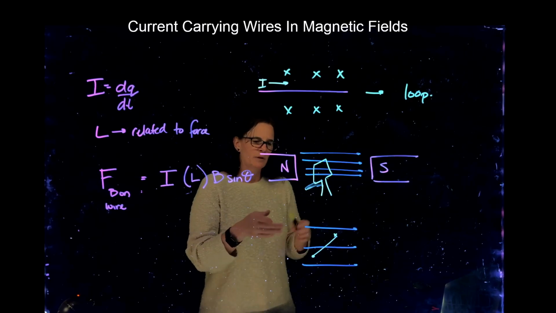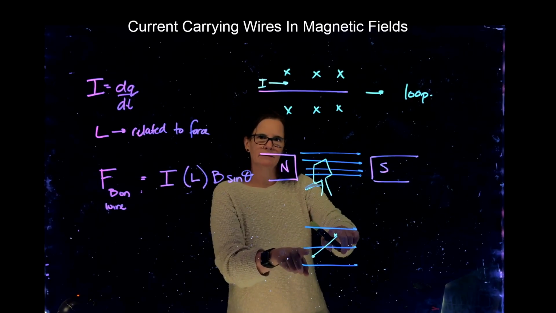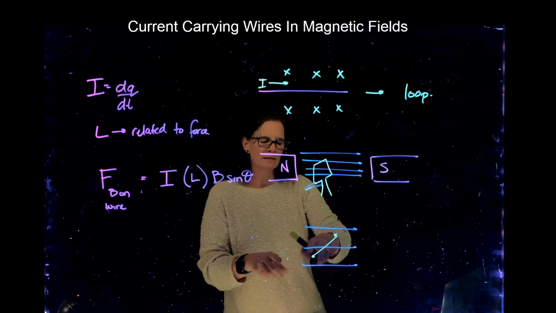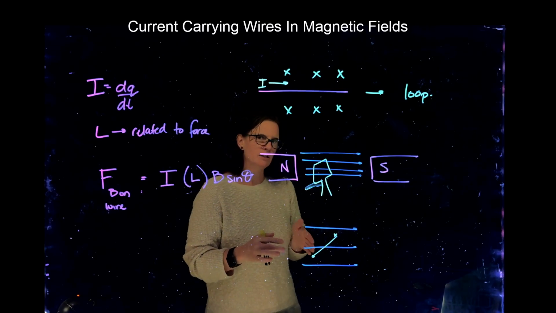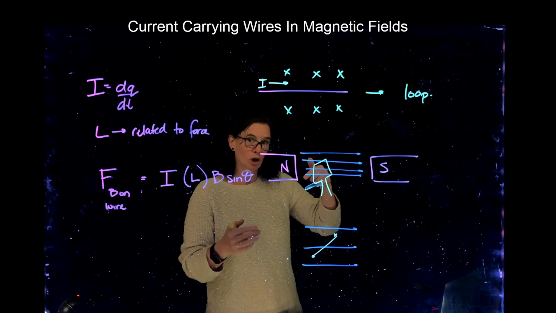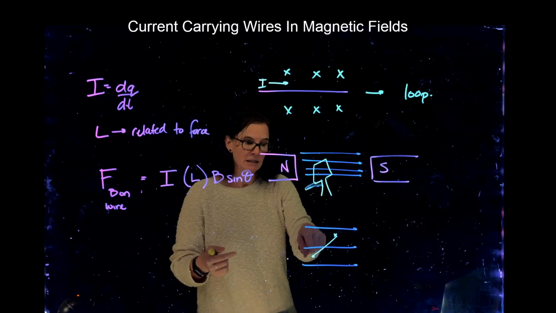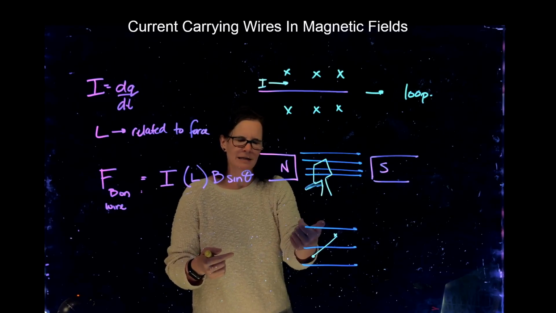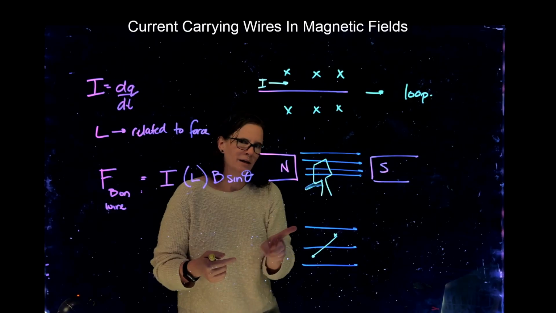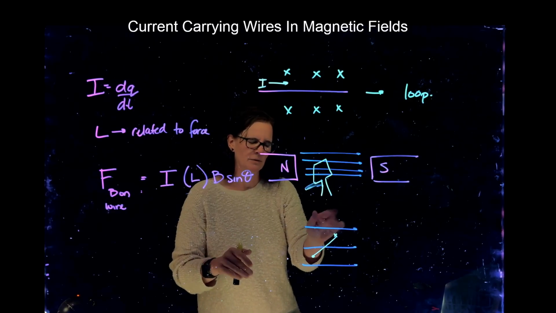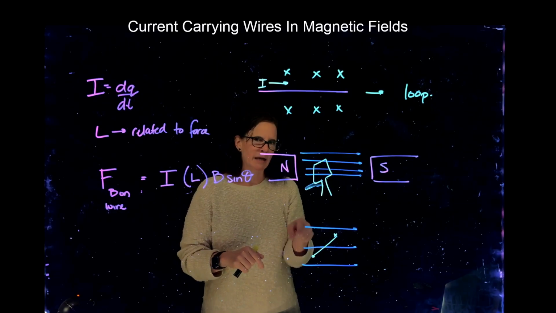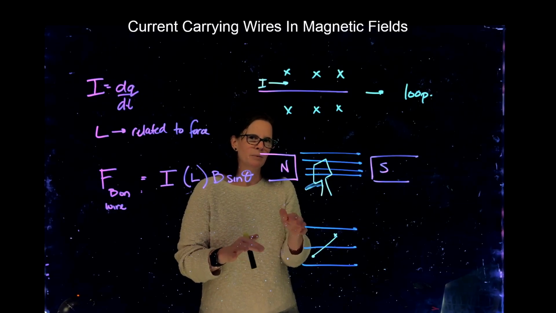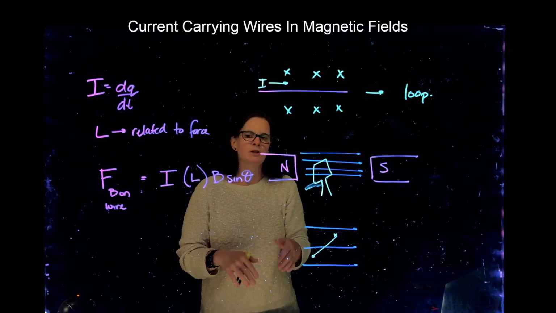Well, if we imagine these 2 points, the one that's going into the page, the current in that wire is going into the page here. Sorry, out of the page, it's a dot, out of the page, going across and then into the page. That's what's happening. So it's coming out of the page, perpendicular to that field.